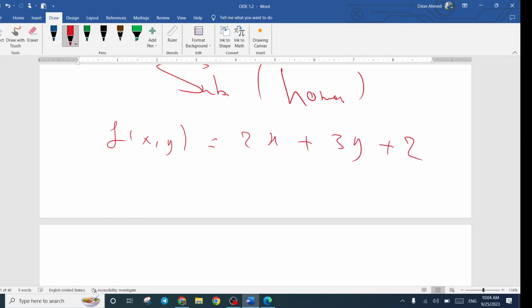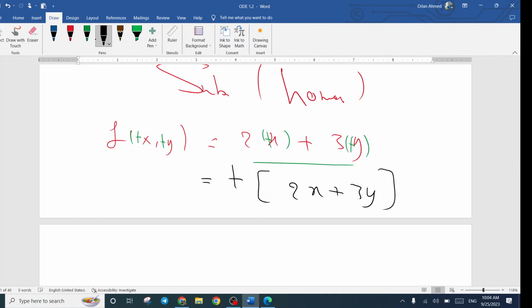If I put t in any places here, I'll have t and I'll get t. Am I right? So can I take a t as a common or no? That's the question. So it's very important to have it. You can see from here, I can bring t out and I'll get what? 2x plus 3y. Because I bring out t as a factor, it's called homogeneous. And the degree is what?